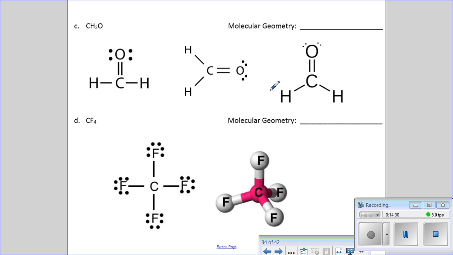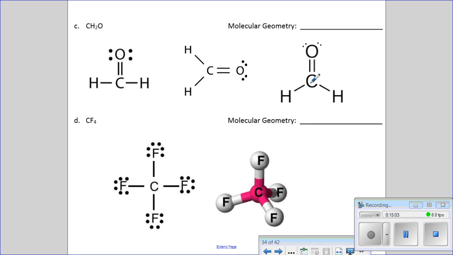Then you need to decide what's the geometry. So now I have 1, 2, 3 bonded atoms to the central atom, right, on all of them. But if you'll notice, your carbon does not have lone pairs of electrons on the central atom. So it's got 3 bonded atoms and no lone pairs of electrons on the central atom. That means your 2 choices are trigonal planar or trigonal pyramidal.